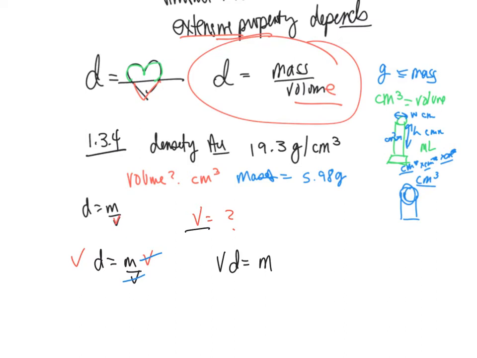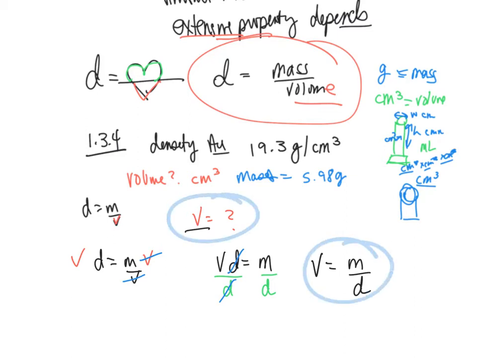So how is volume connected to density? By multiplication. So now we've got to divide both sides by density, and then that will cancel out the density because density divided by density. And then we can rewrite this. Volume equals mass divided by density. And now we have the formula like we wanted it to be, where we're solving for volume.